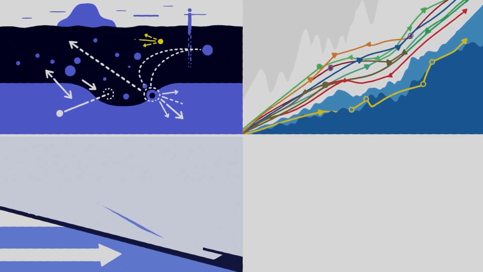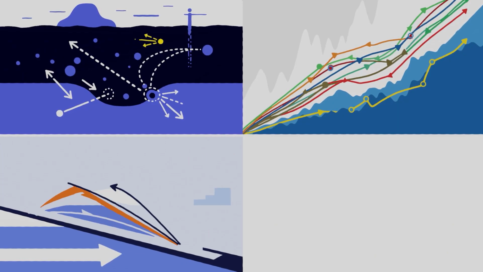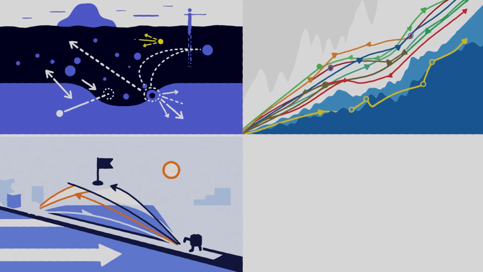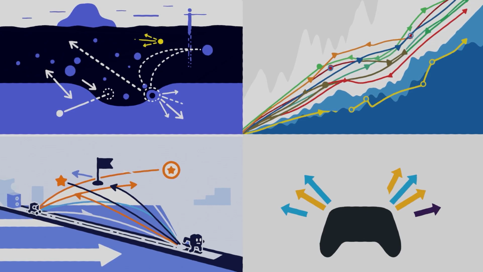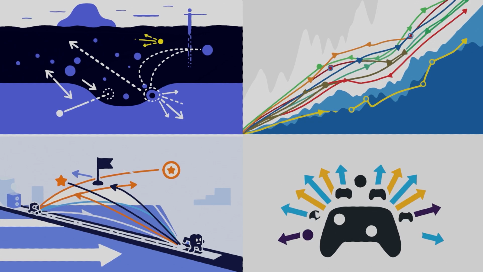In machine learning, especially reinforcement learning, Monte Carlo methods estimate expected rewards by simulating future trajectories. Even real-time games use Monte Carlo-inspired techniques to fake global illumination on the fly. It's one idea, but it keeps showing up in places where the world is too messy to compute exactly.